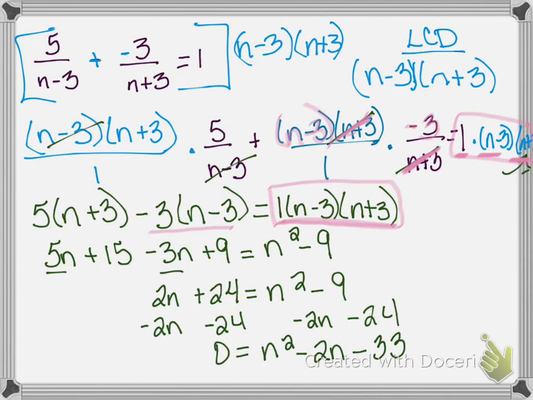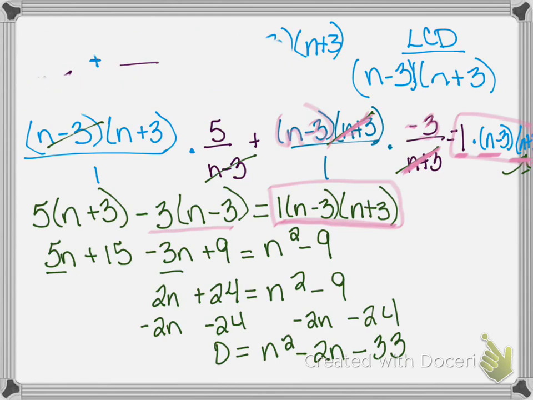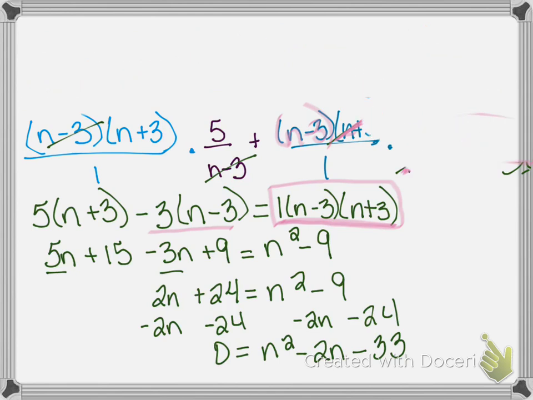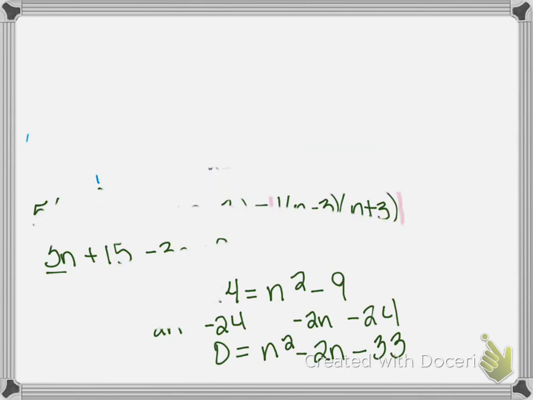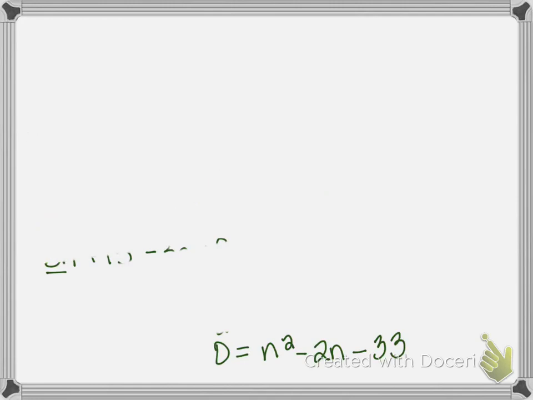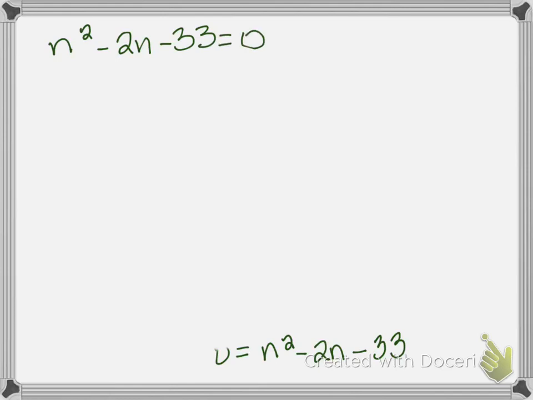Okay, so this one cannot be factored. So I'm going to rewrite it as n squared minus 2n minus 33 equals 0. Okay? This one cannot be factored.